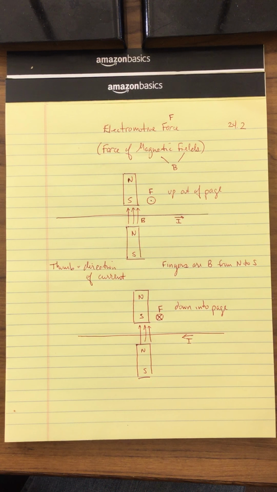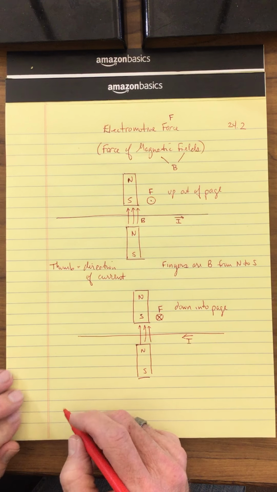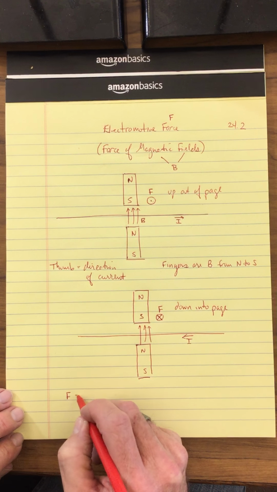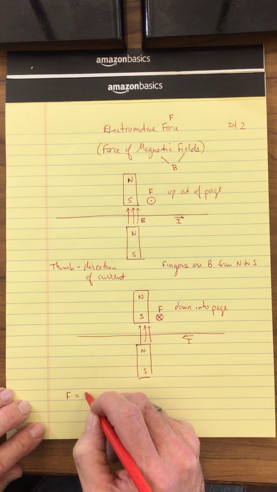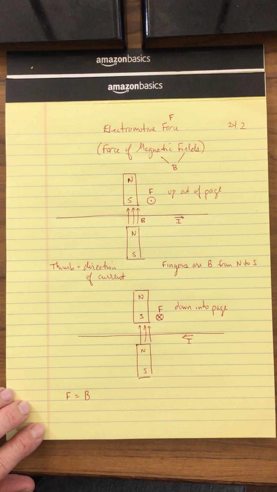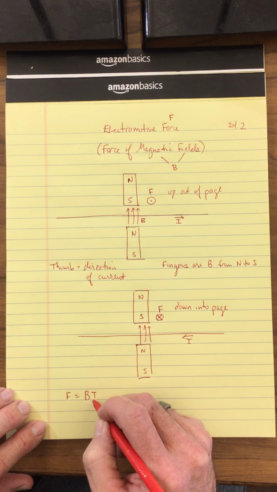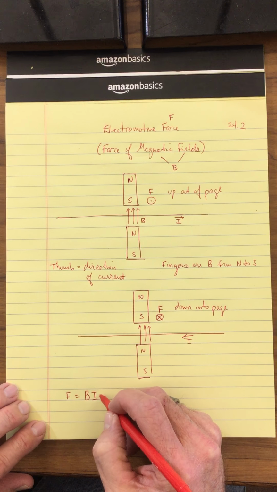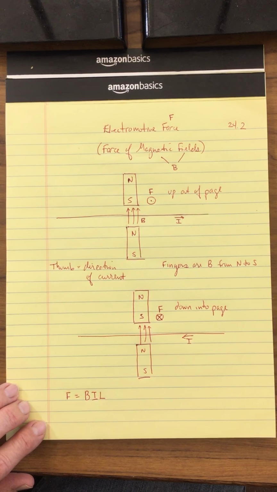And then after that, you have to have your hand placed like this. Okay? And there is some calculation to this, and this electromotive force is dependent upon a few things. The force is dependent upon the strength of the magnetic field, which is this right here. It's also dependent upon the strength or the size of the current, and it's also dependent upon the length of the wire.